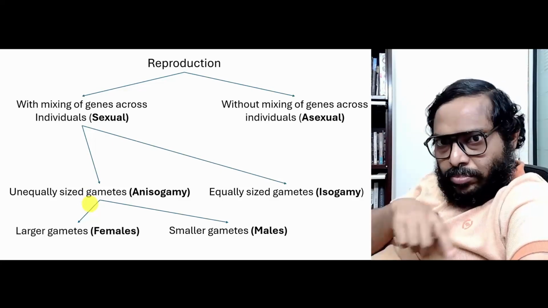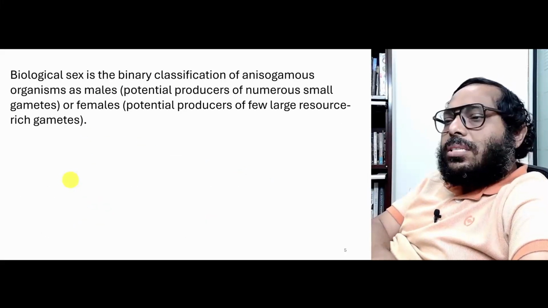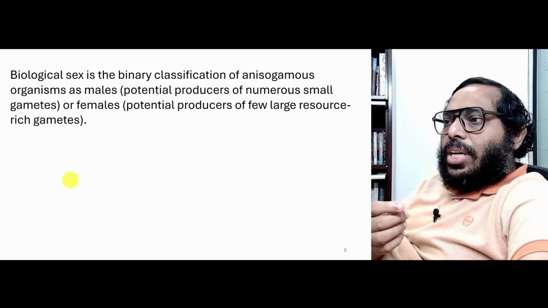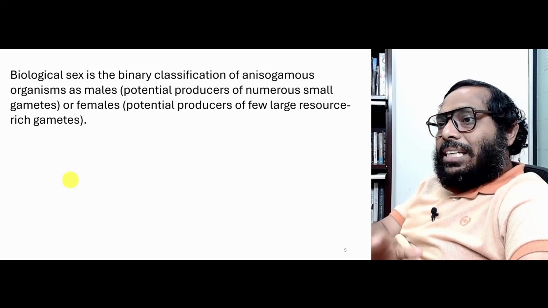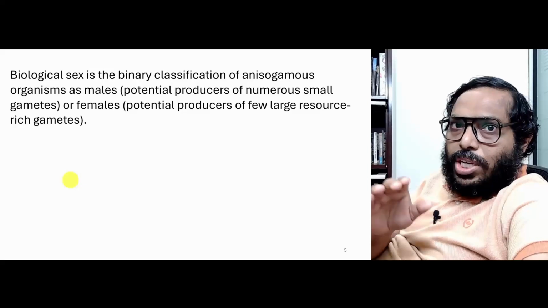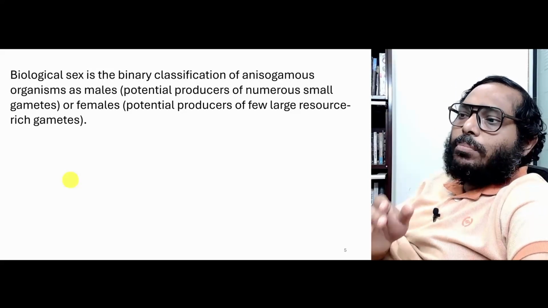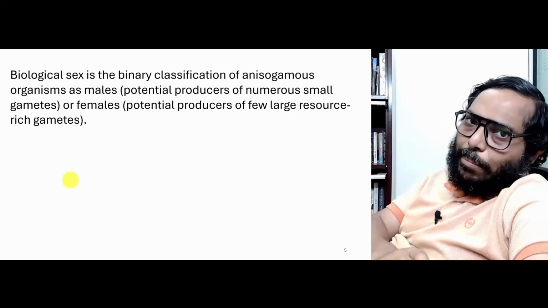So, in this context, biological sex is simply a system of binary classification of anisogamous organisms as either males, the potential producers of the small gametes, or females, the potential producers of the few large resource-rich gametes.